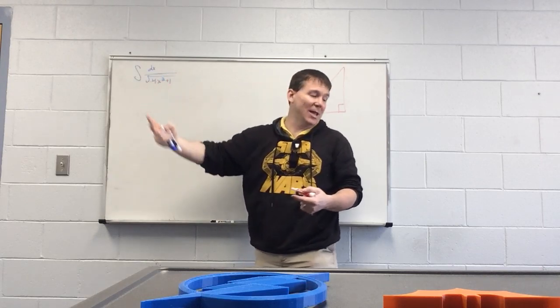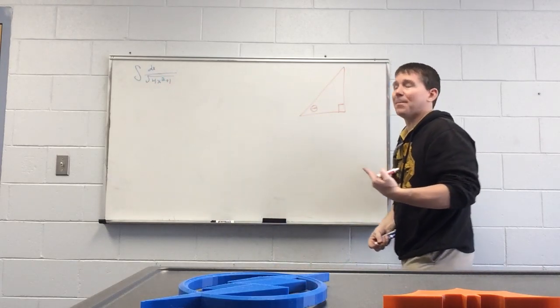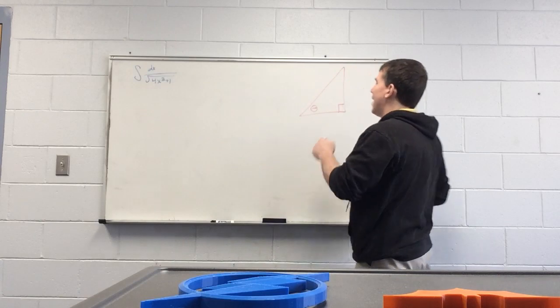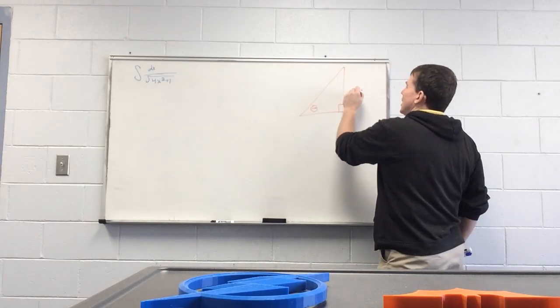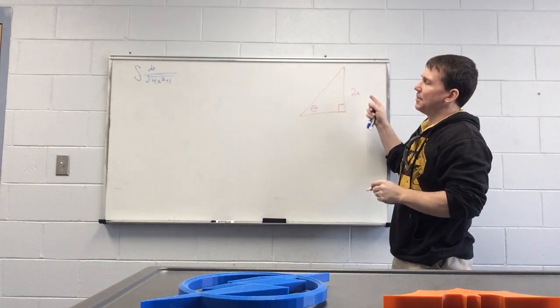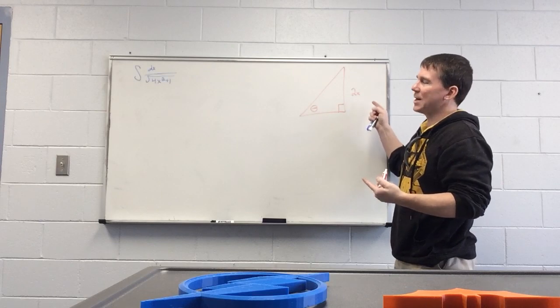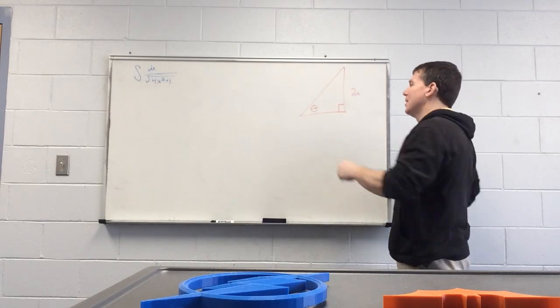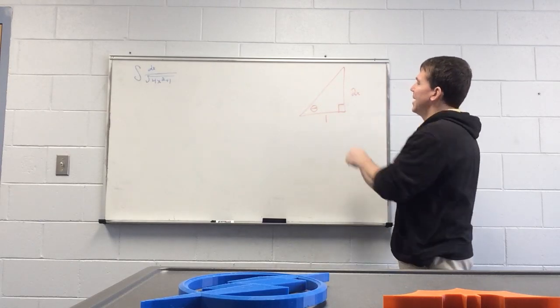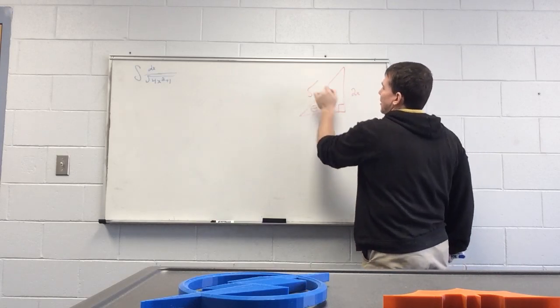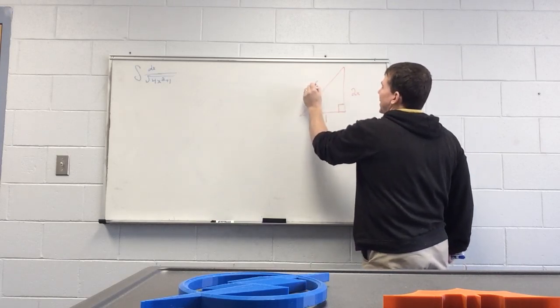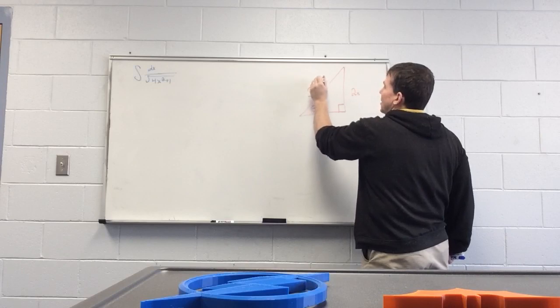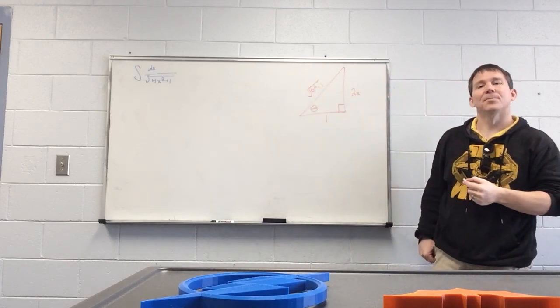So I call these my two legs. Again, you can set it up however you want, but I prefer generally to go this route. So I'll call this 2x, because 2x quantity squared is 4x squared. I'll call this 1. And now this Pythagorean theorem is the square root of 2x squared, which is 4x squared, plus 1 squared, which is 1.